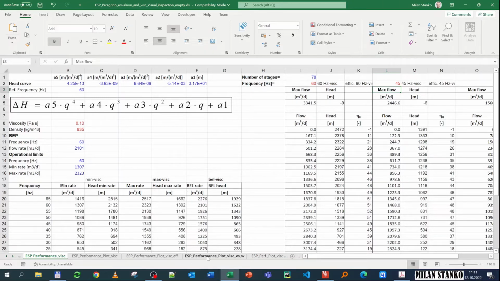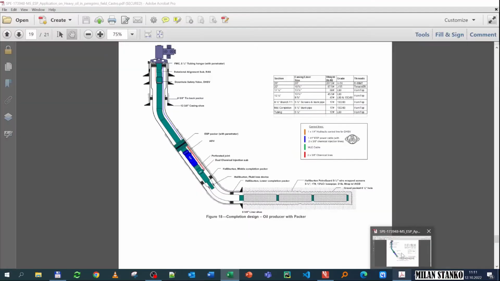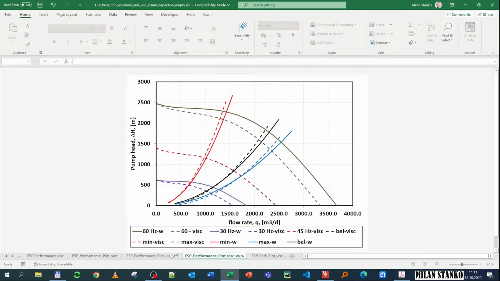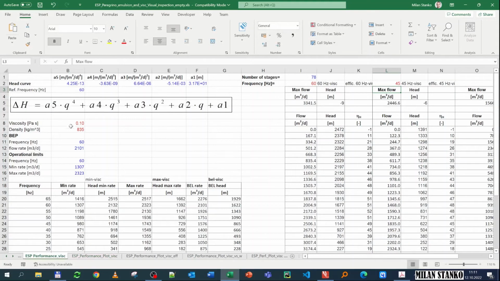So let's take a look at how it looks. Here the water is the solid lines, and the dotted lines are the viscous oil. This field is actually producing quite a viscous crude, and I have set here 100 centipoise and the density 835.